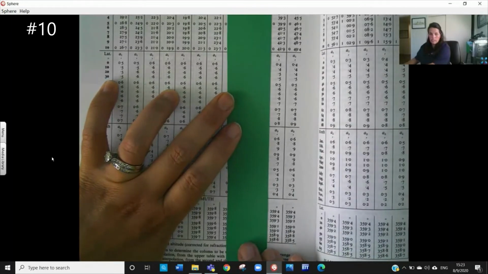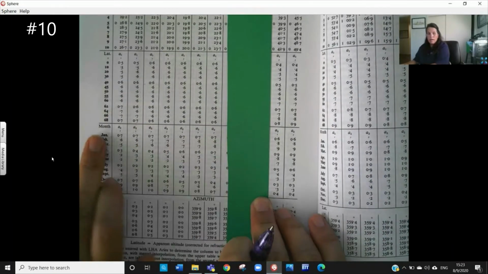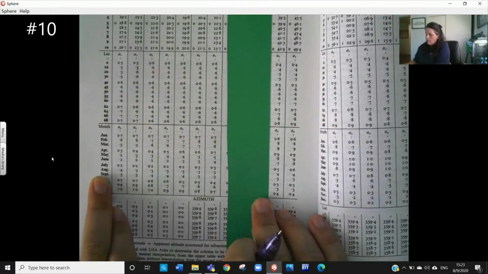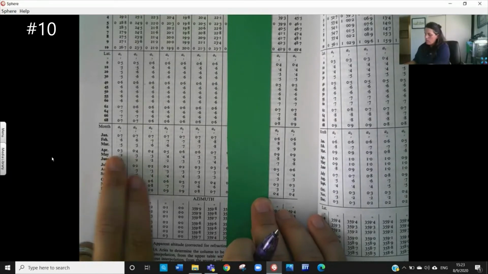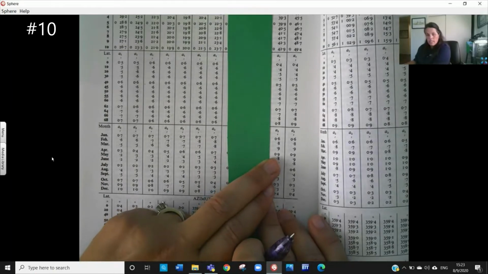Same column we're still working in. By the month for A2, and this was taken in April. So we find April all the way across. Our correction is 0.9.